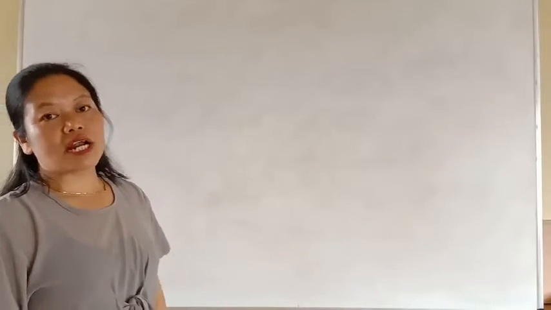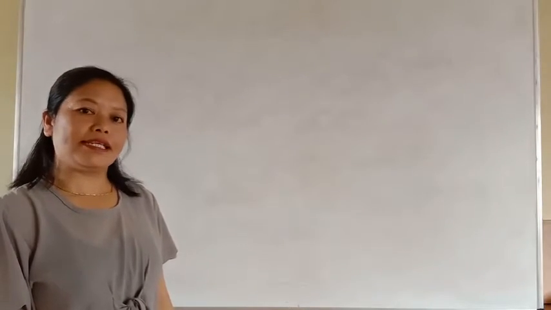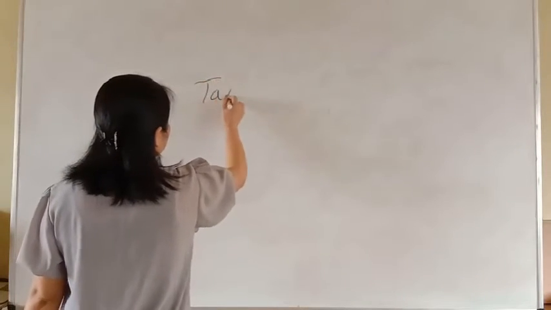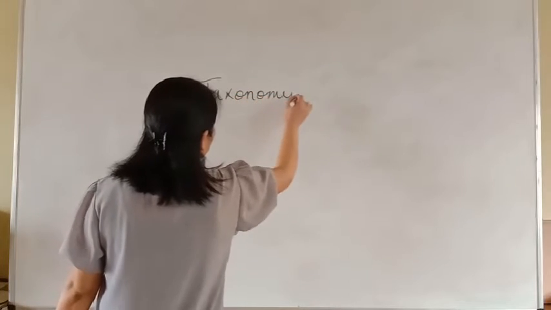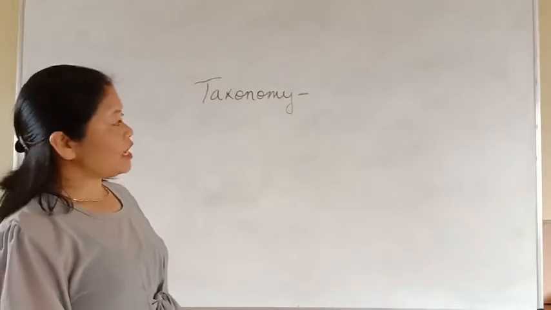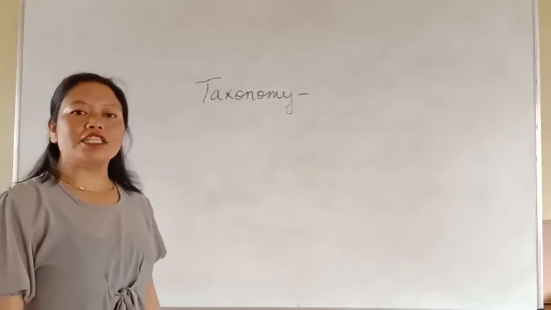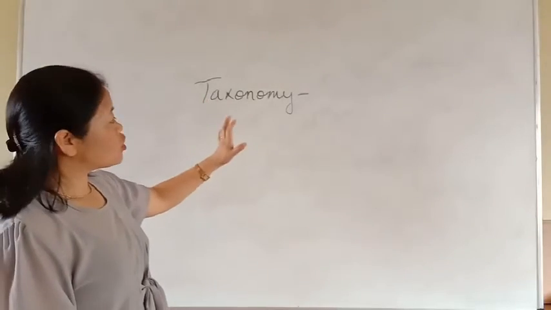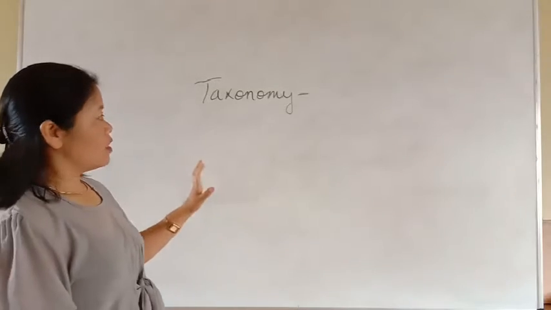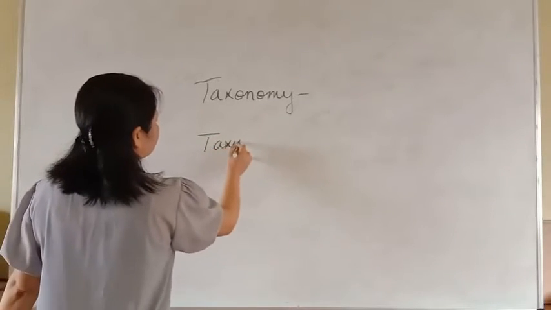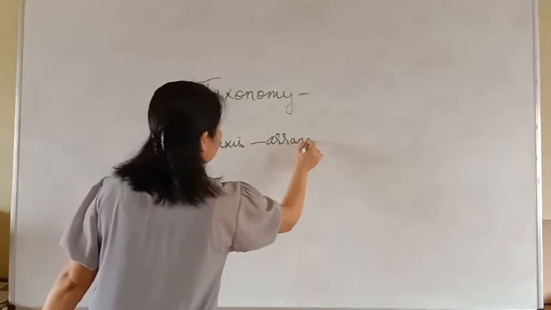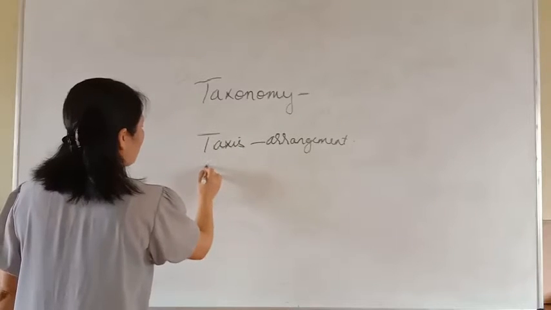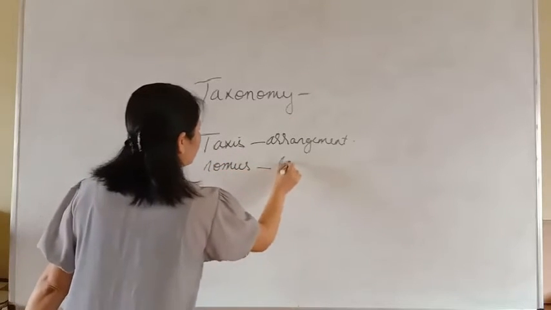Next we will be studying the important terms related to taxonomy and systematics. So what is taxonomy? Taxonomy deals with the identification and classification of organisms. The word taxonomy has been derived from Greek words, where taxis means arrangement and nomos means law.